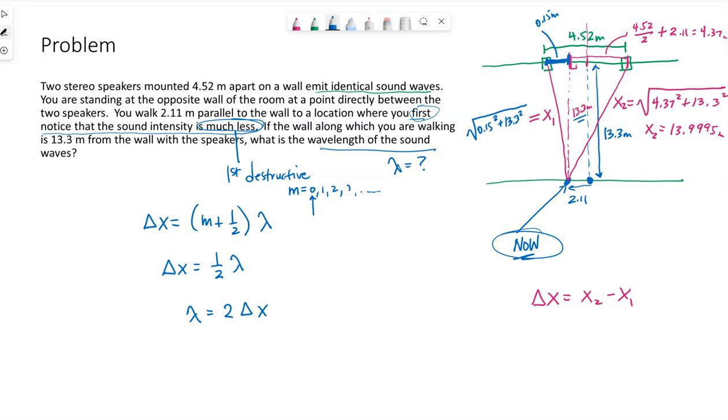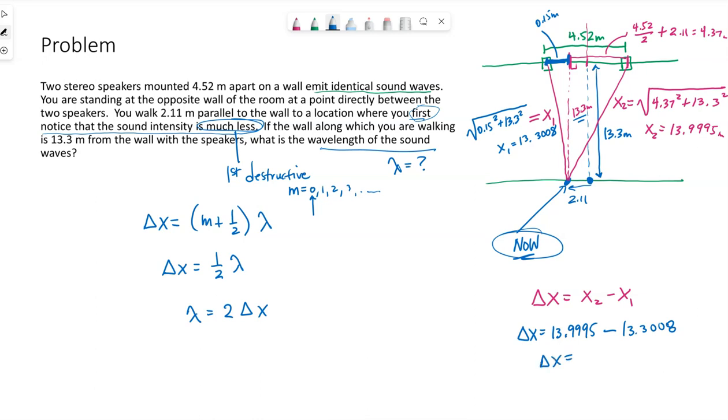But technically, Pythagorean theorem, that one side is so incredibly small, we are getting x1 to be 13.3. If I go out the same number of digits I did on the other, I get 13.3008. So 13.9995 minus 13.3008.